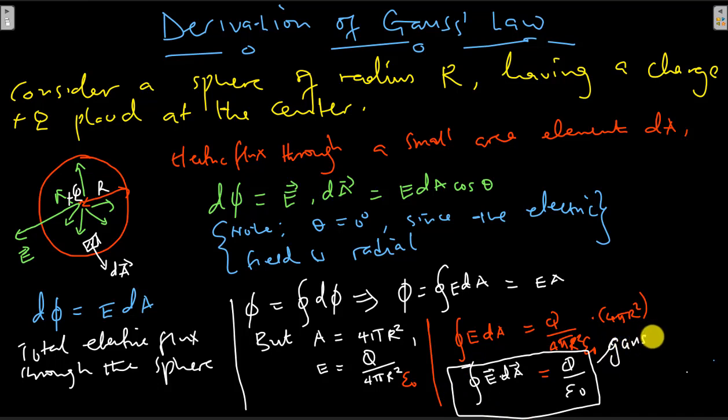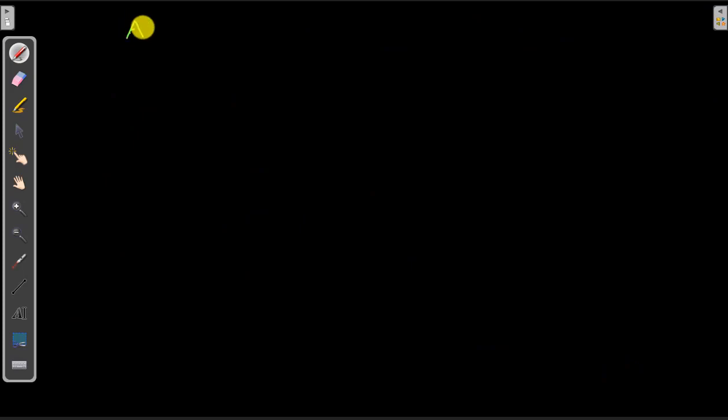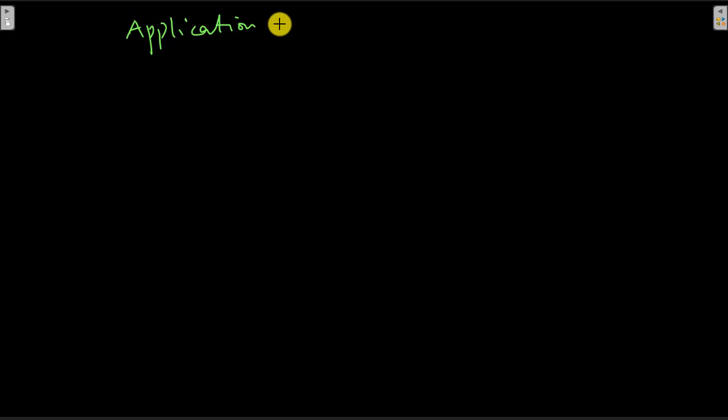Now Gauss's law is used to find electric fields due to certain configurations where we can achieve the conditions of symmetry. So let's go ahead and look at some of these applications of Gauss's law.